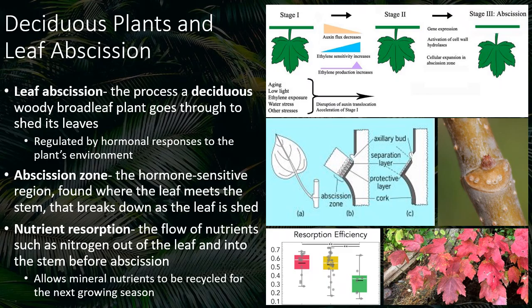We can see that trees with yellow or red fall color are significantly more efficient at reabsorbing nutrients like nitrogen and chlorophyll from their leaves than trees which shed green leaves at the end of the year in the fall. So that allows them to recycle more of their mineral nutrients to fuel the next year's growth.